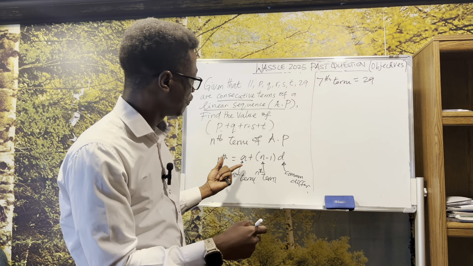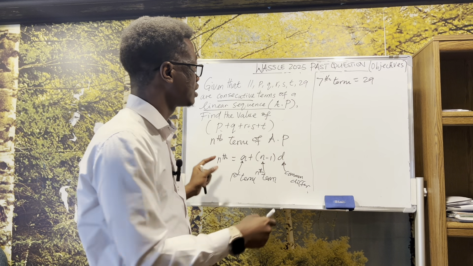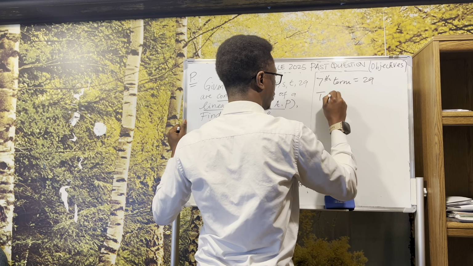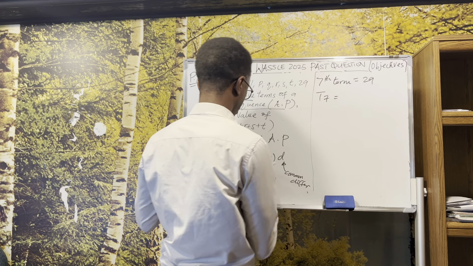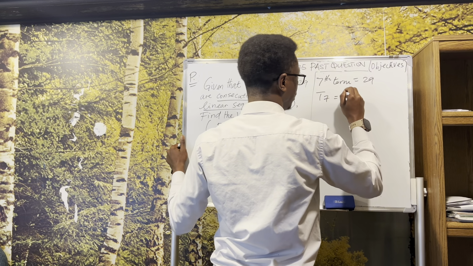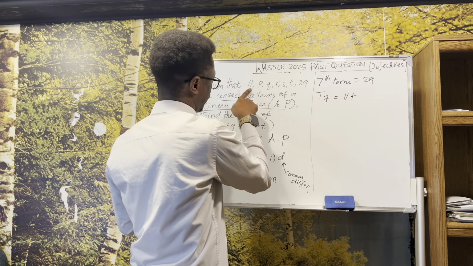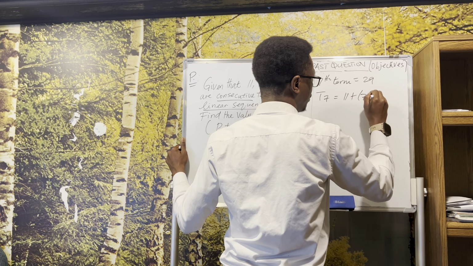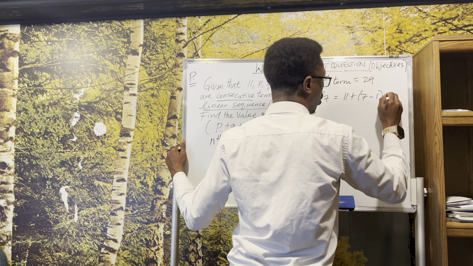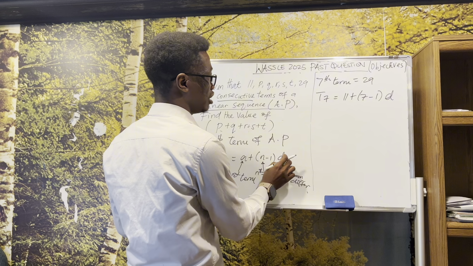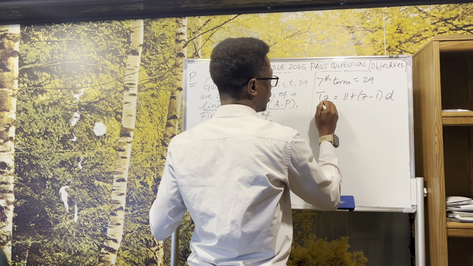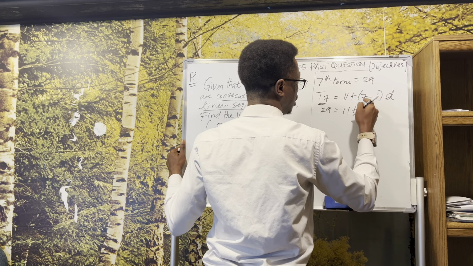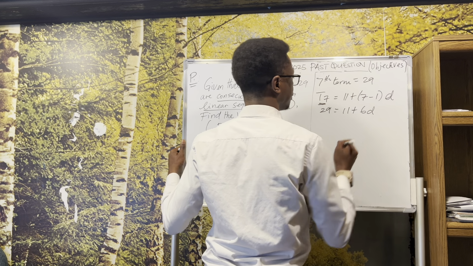From this formula, T7, the seventh term, equals the first term, which is given as 11 from the question, plus (7 minus 1) multiplied by the common difference d, which we don't know. The seventh term is 29, so 29 equals 11 plus 6d.